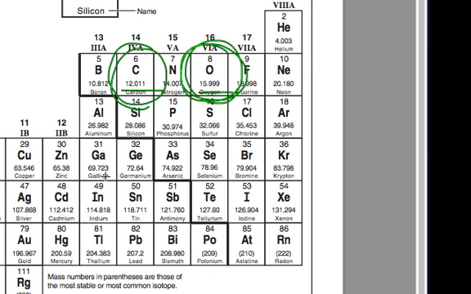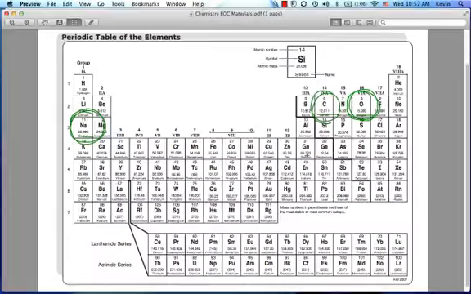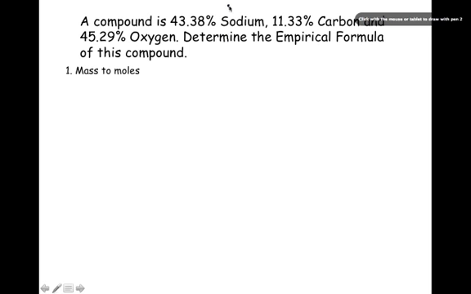Hopefully some of these numbers are starting to stick in your head at this point. If not, they'll come later. So the sodium mass was 22.990, the carbon mass was 12.011, and the oxygen's mass is 15.999.